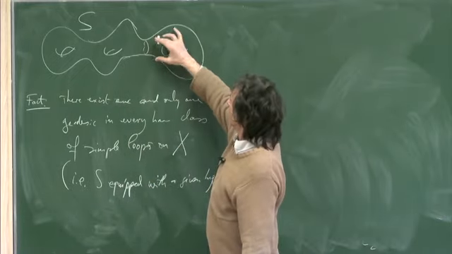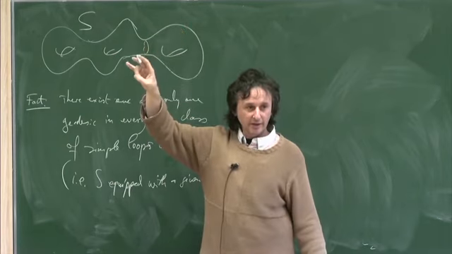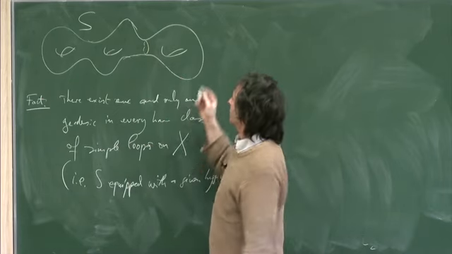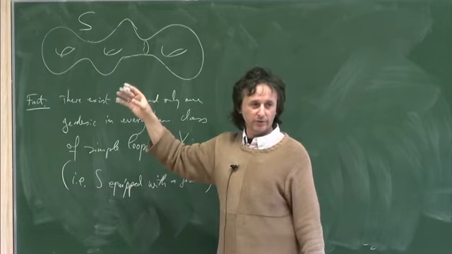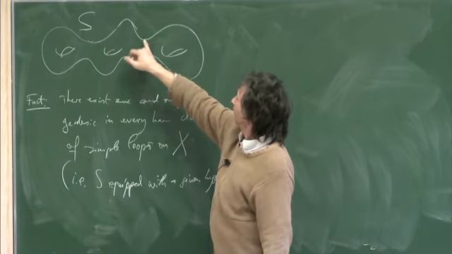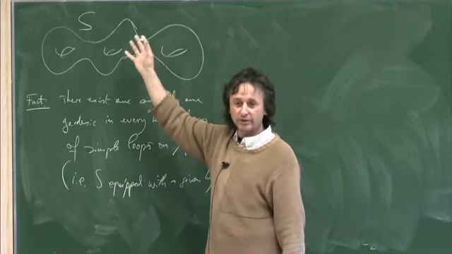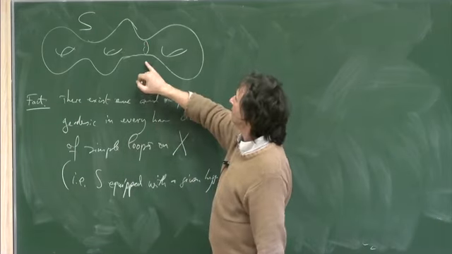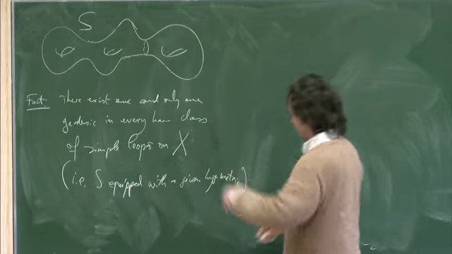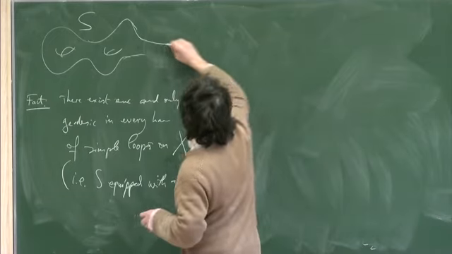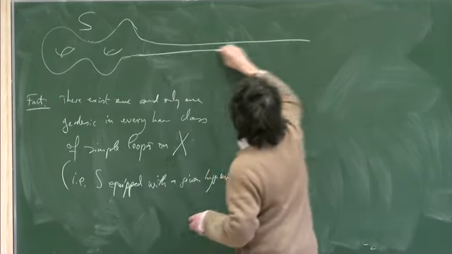And then I squeeze it, which has a well-defined meaning. You remember the Fenchel-Nielsen coordinates; it really means that in the Fenchel-Nielsen coordinates, I make this length smaller and smaller. It was one of the numbers in the coordinates. So what happens when I make it smaller and smaller? What happens is that there is a long annulus, so it looks much more like this.